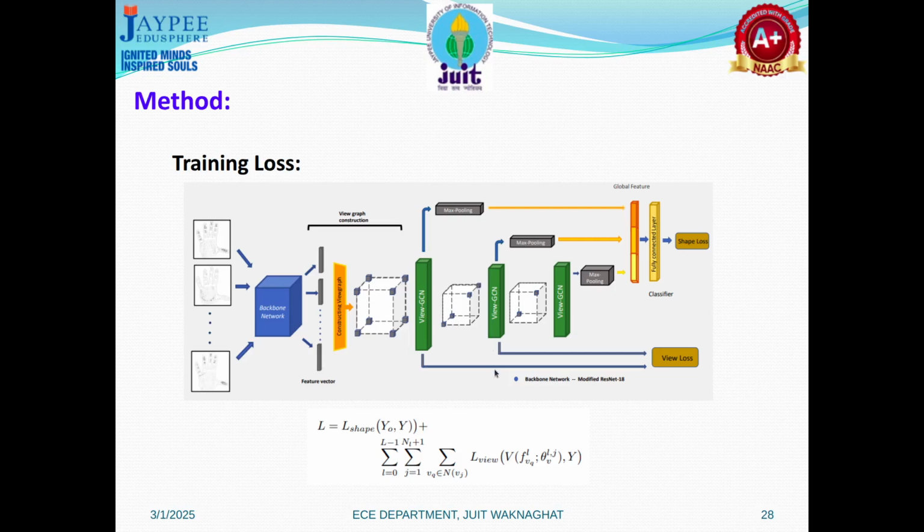So the total loss function looks like this. L_shape takes features from ViewGCN at every layer, concatenates them and predicts the shape based on that. The summation view loss is calculated for the shape coarsening.